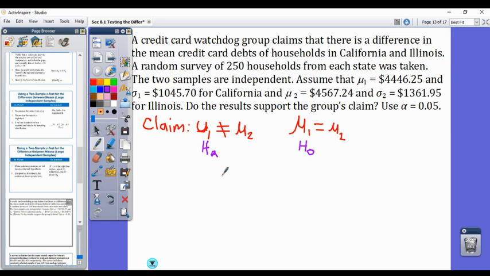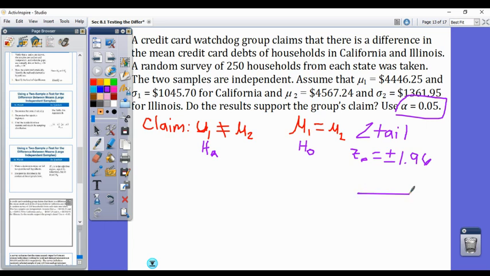From the alpha level of 0.05, I know that since this is a two-tailed test, and I know it's a two-tailed test because I have a not-equal sign, that my Z naught is plus or minus 1.96.